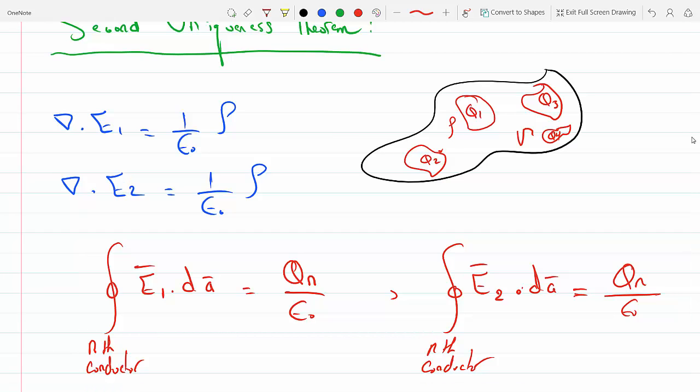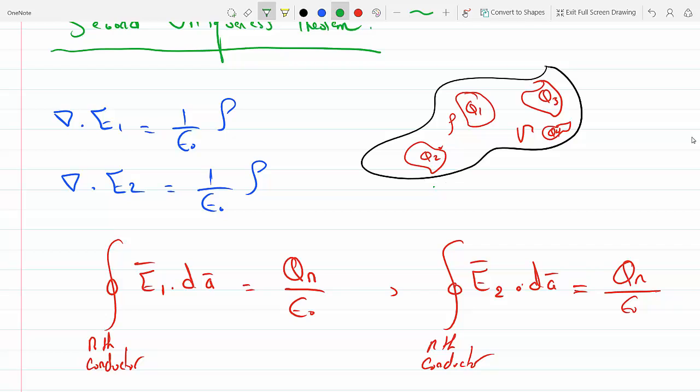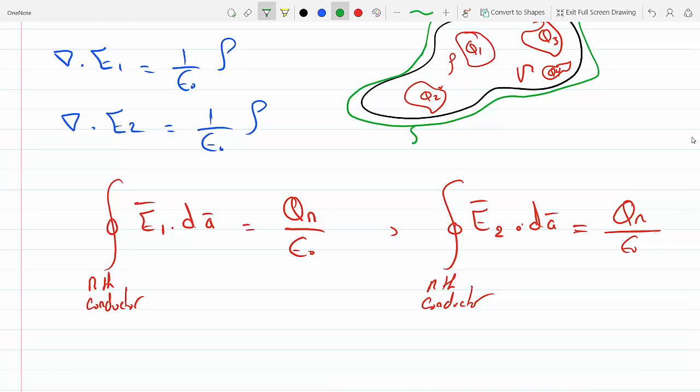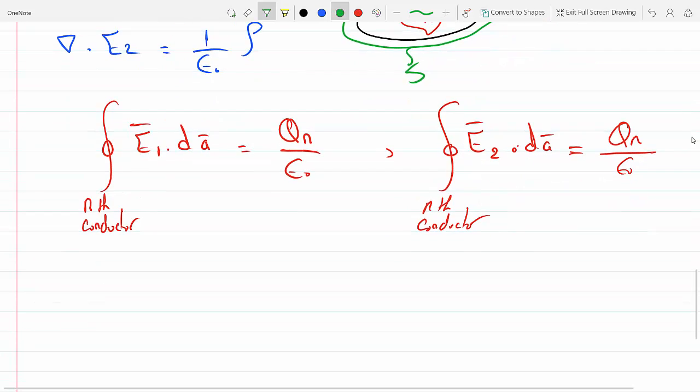And let's say we have an outer boundary, defined here. This could be inside your conductor, or this could be at infinity. It doesn't really matter. Let's just call this boundary S.